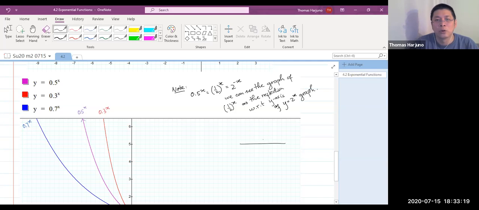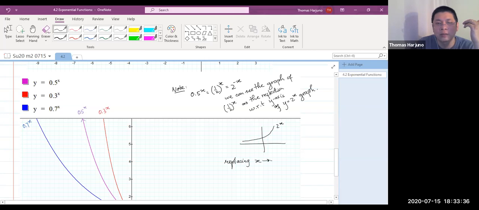Okay, so y equals 2 to the x is something like this, right? That's 2 to the x. Now replacing x by negative x, that's the reflection with respect to the y-axis. We learned that, I think, somewhere in chapter 2, chapter 2.2, 2.3, somewhere there.